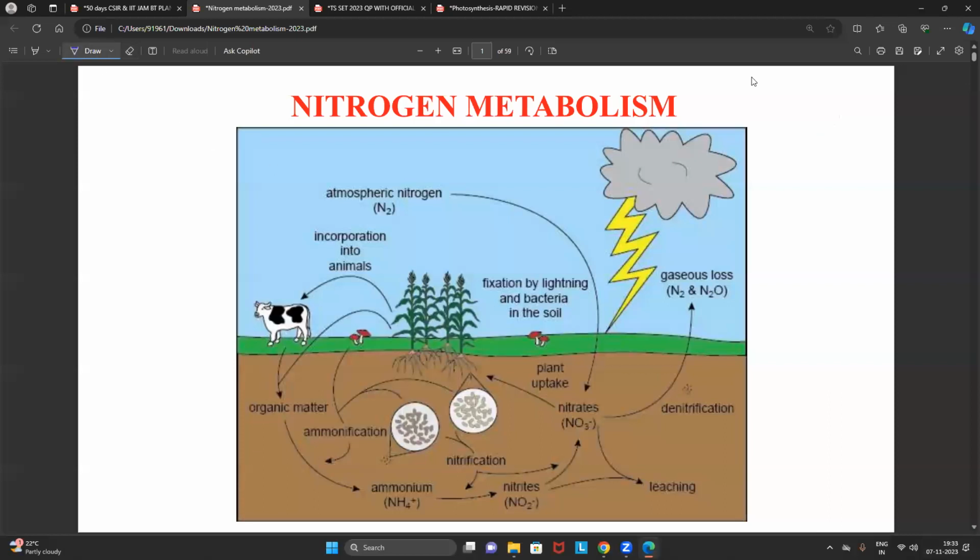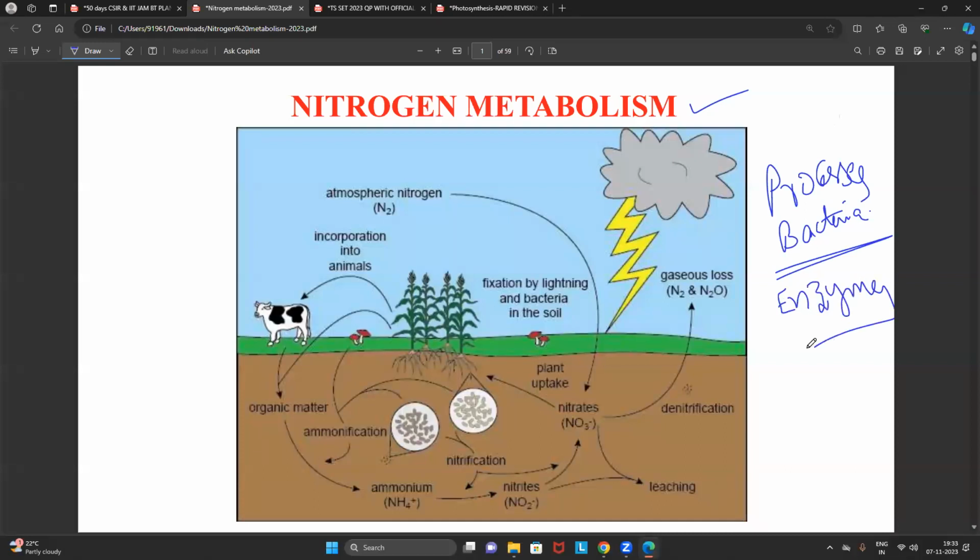Okay, now listen. Next one, nitrogen metabolism. Whenever you are reading nitrogen metabolism, listen to what exactly you have to focus on. First point, focus on the processes. Second, focus mostly on the bacteria. And very, very important, where we get very difficult types of questions in the exam, is only from the enzymes.